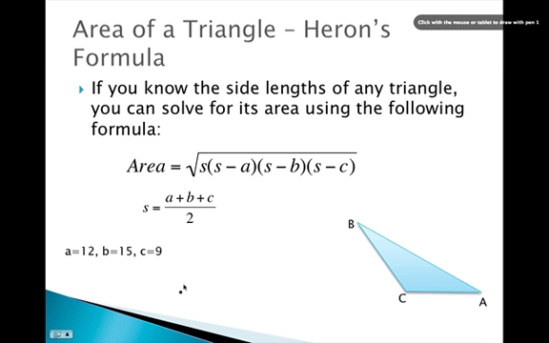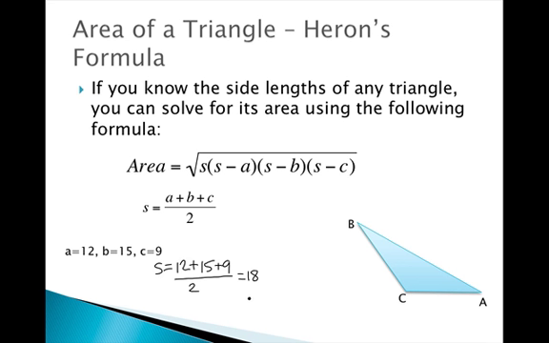So when we plug this into our formula, first we need to solve for S. So S equals A plus B plus C all over 2. So plug that into your calculator. 12 plus 15 plus 9 divided by 2, and you end up getting S equals 18. So now we're going to use this in our formula.